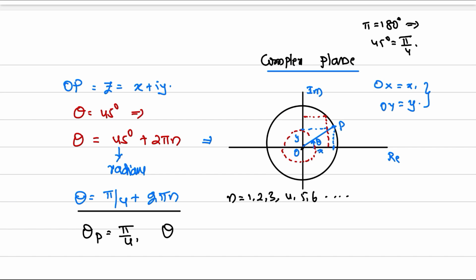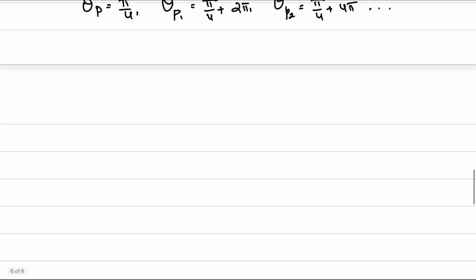Second theta will be pi by 4 plus 2 pi. Third theta will be pi by 4 plus 4 pi. That is 2n pi. Like this it goes on. Now, we talk about only one solution, the principal solution. In complex numbers, we have to define theta. Here I have defined only the first value of theta.